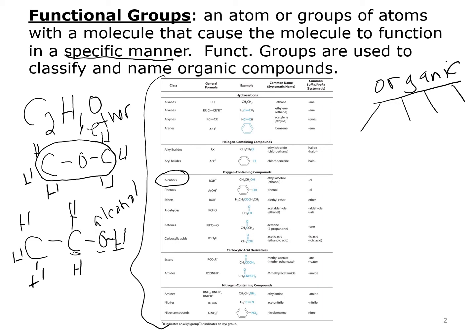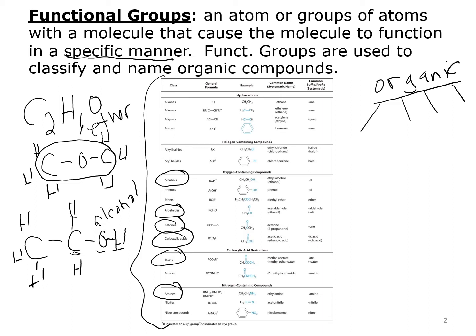We'll learn about ethers, I mentioned, but that will be later on. We're going to learn about aldehydes, ketones, carboxylic acids, esters, and amines. Those are the functional groups that we'll be covering in chapter 10. We'll be learning about other functional groups in some of the following chapters, but definitely not everything on this chart.